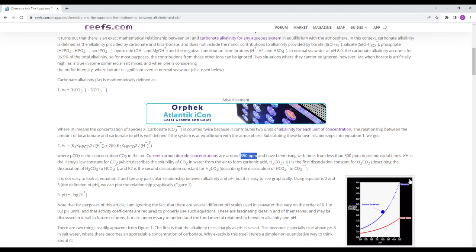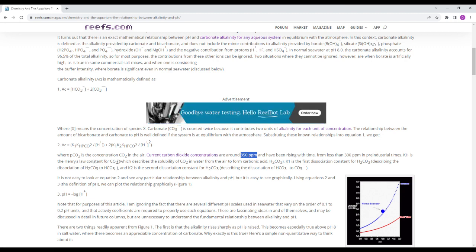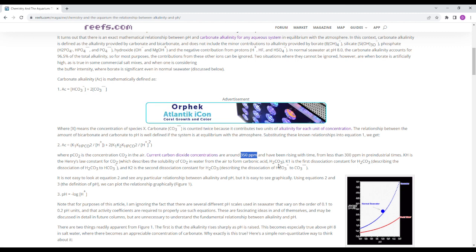KH is the Henry's law constant for CO2, which describes the solubility of CO2 in water from the air to form carbonic acid.